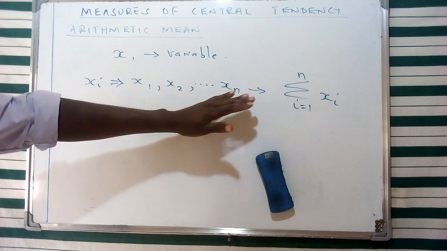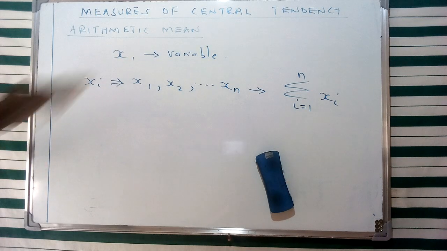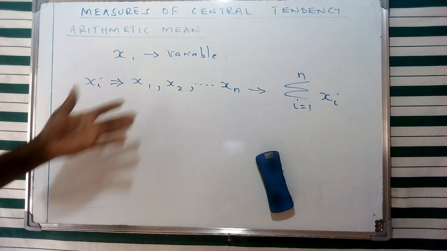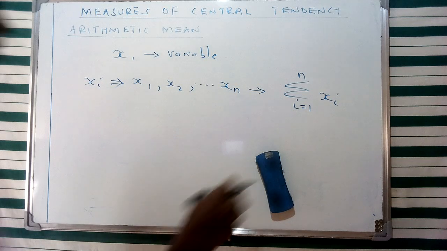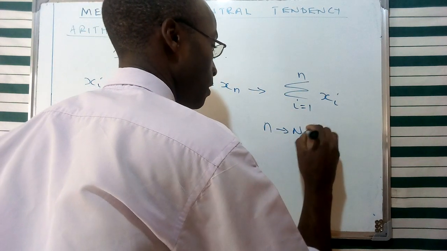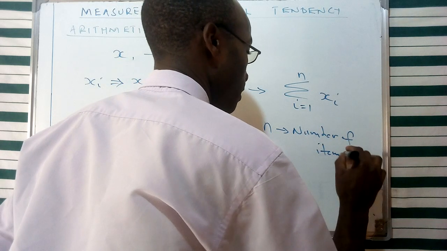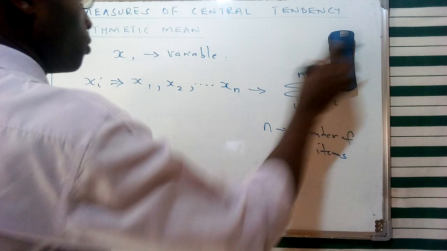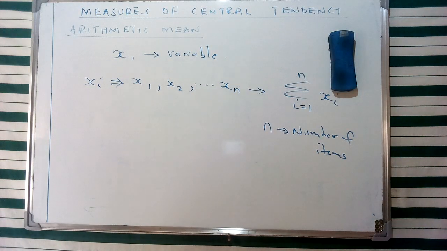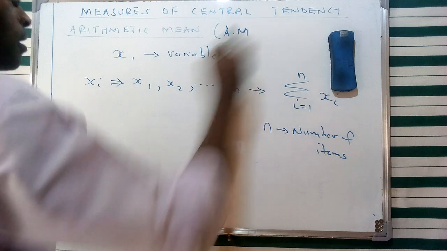So in this case, we have said that the arithmetic mean is going to constitute the sum of the magnitude of items divided by the number of items. And we are going to use this particular notation n representing the number of items. So we're going to denote this specific concept of arithmetic mean by using these particular initials.